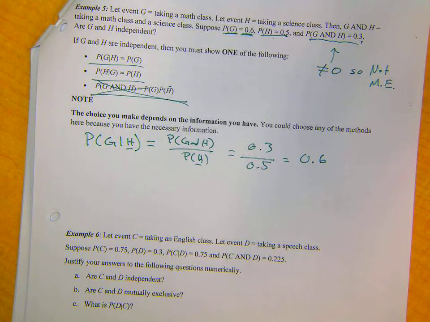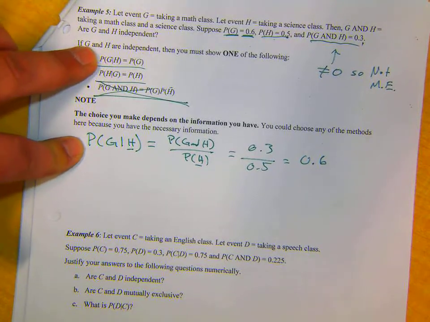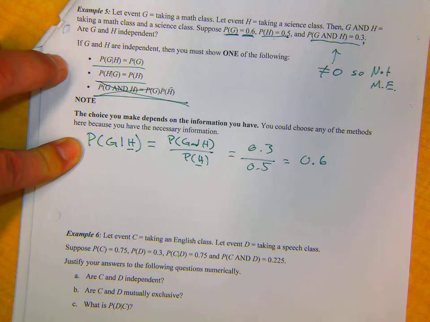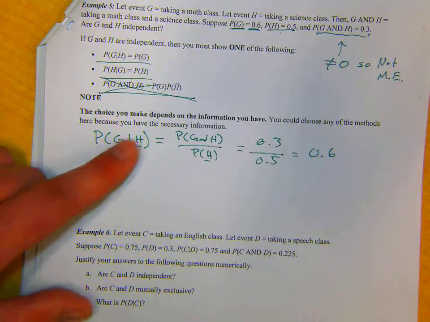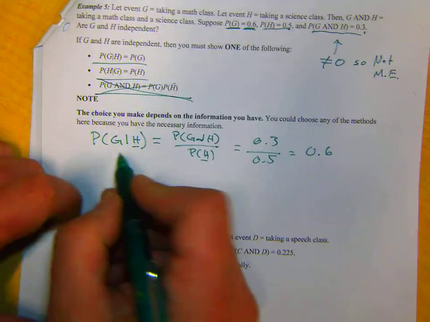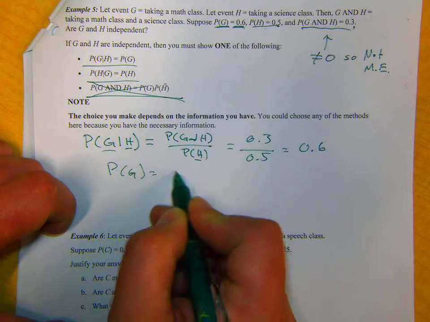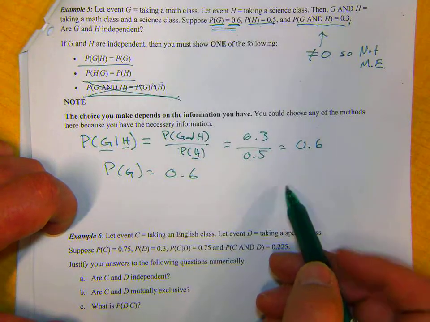What does that tell me? It's not mutually exclusive. I agree with that statement, Taylor. But I don't know. We want to prove that this equals P of G or not. So is this thing we just found, 0.6, equal to, what do I want it to be equal to? P of G. So P of G is equal to 0.6 as well, just given to us.